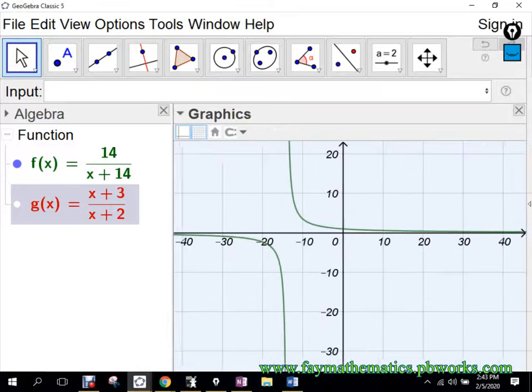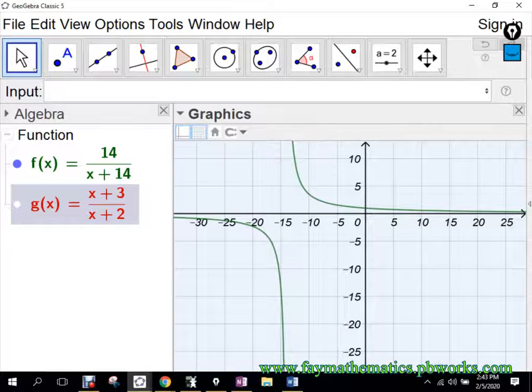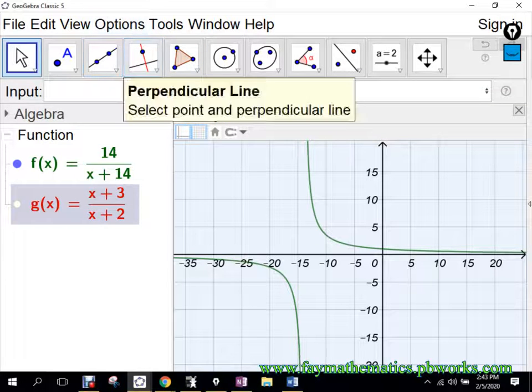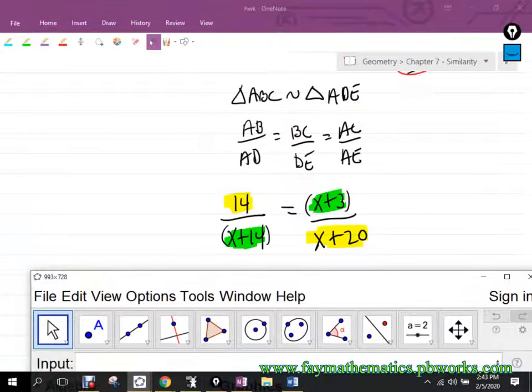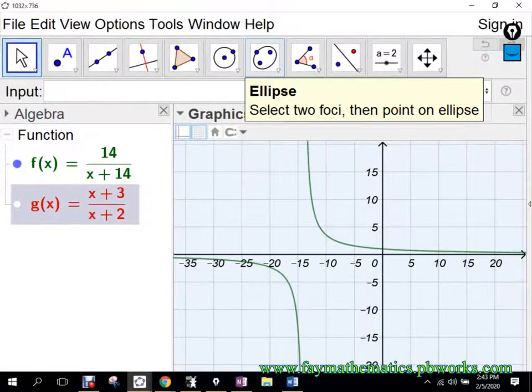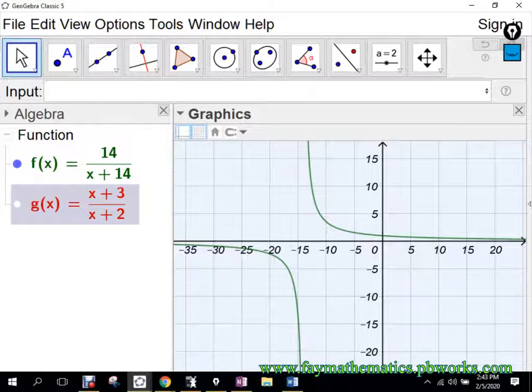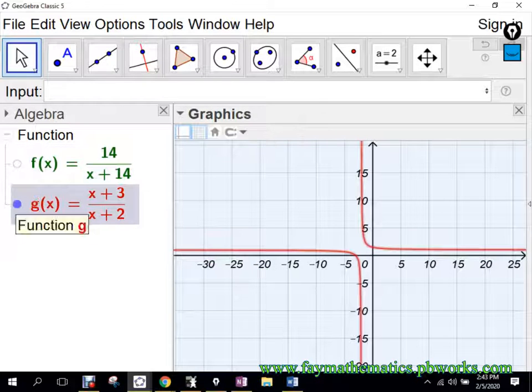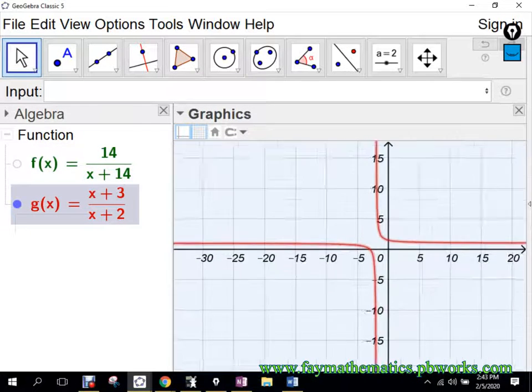So if we were to graph these things, okay, these are called rational equations, okay? So all I did is I graphed the left-hand side of this ratio, or this proportion, and then I graphed the right-hand side, okay? You get to college algebra, algebra 2, you talk about these a little bit. It's a rational equation, okay? That's the green one. That's the red one, okay?